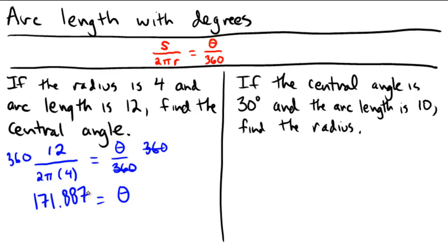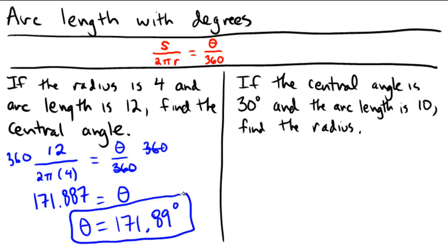So in this problem, let's round to hundredths for convention here, and we'll say that theta would be equal to 171.8, and then the 7 would round the 8 up to a 9 degrees. So round to whatever you have to, leave it exact if you need to, but that would be to the hundredth of a degree.